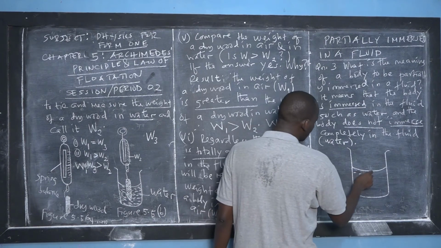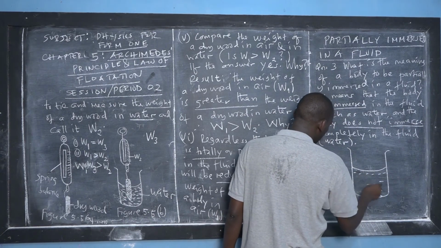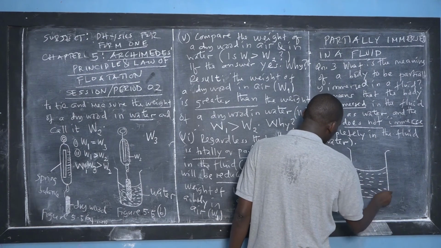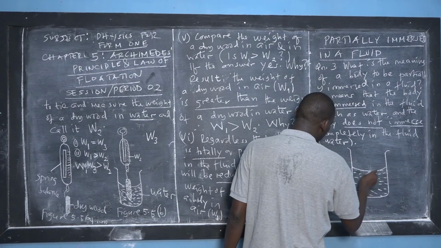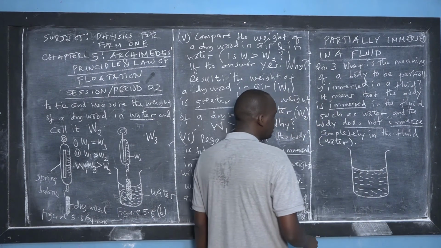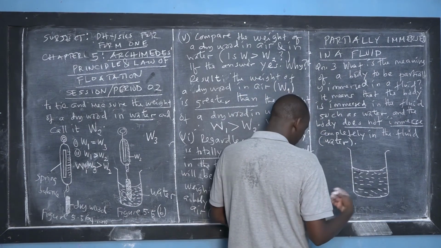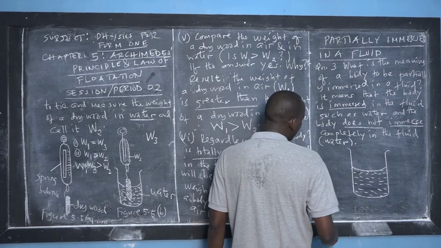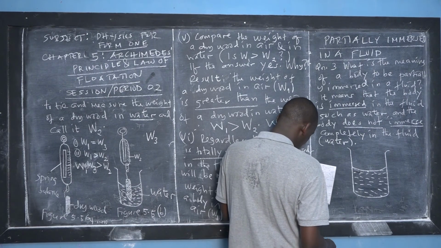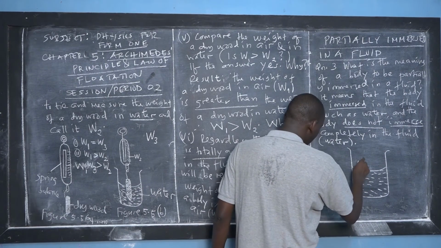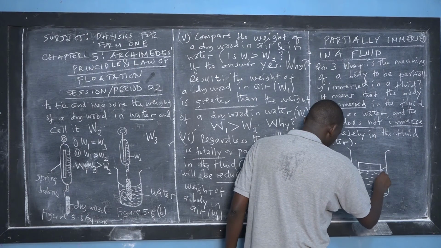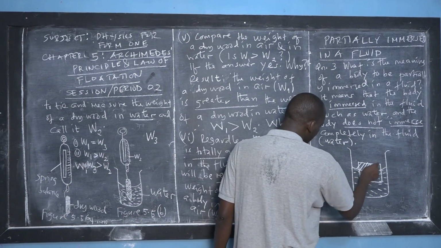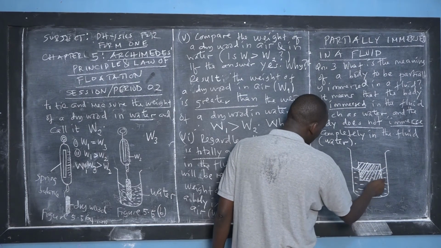Okay? So suppose that this is the beaker or a basin or a bucket of water, right? And then you have a spherical body, or maybe you have a circular body, or you have different structure. It may be, okay, suppose a rectangular body like this, and then it is partially immersed.